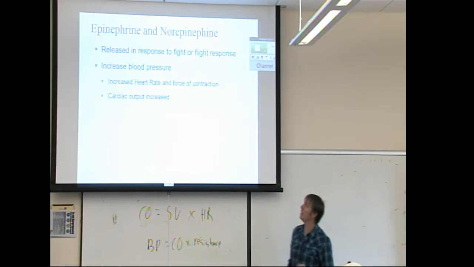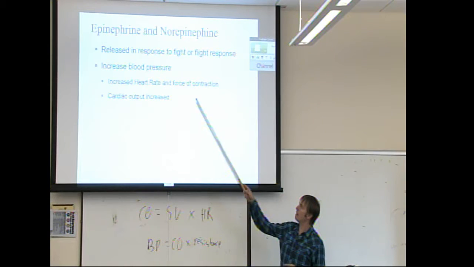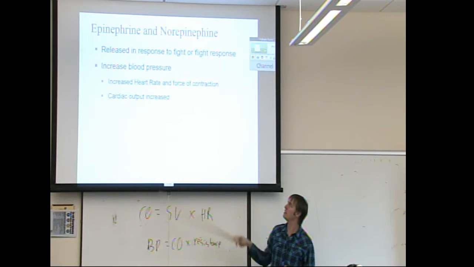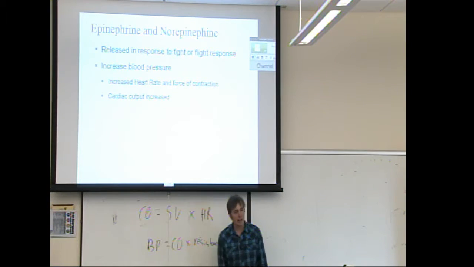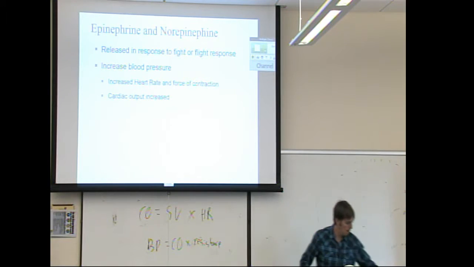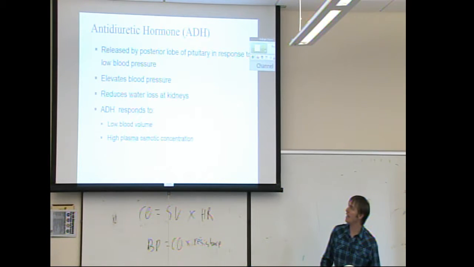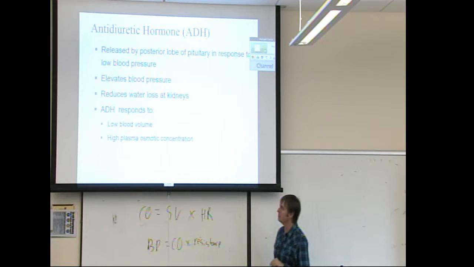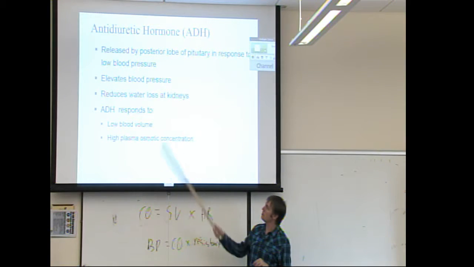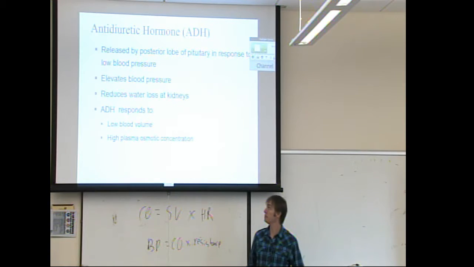All right. So the epinephrine we talked about increases your blood pressure by increasing the heart rate and forcing contraction. So more cardiac output. ADH, we kind of talked about that one. It's activated by low blood pressure, and it reduces the amount of water that you lose at the kidneys, which would help keep your blood pressure up.